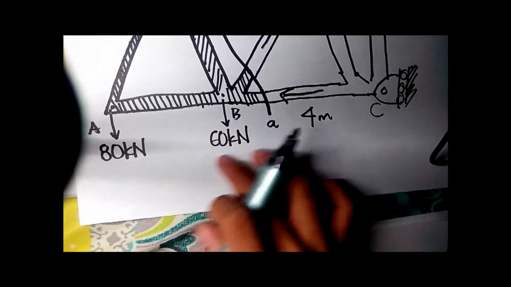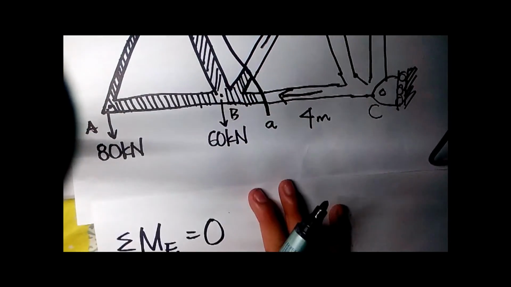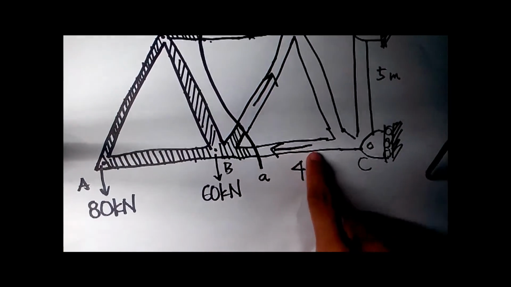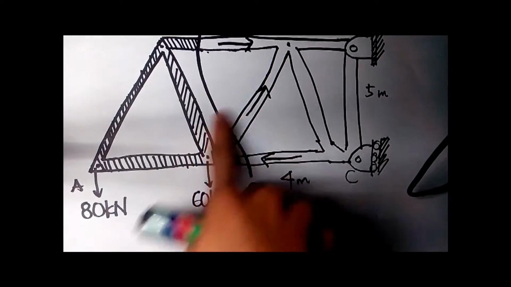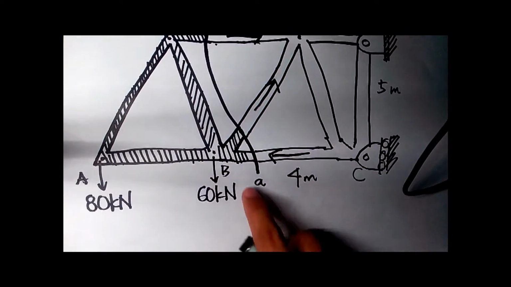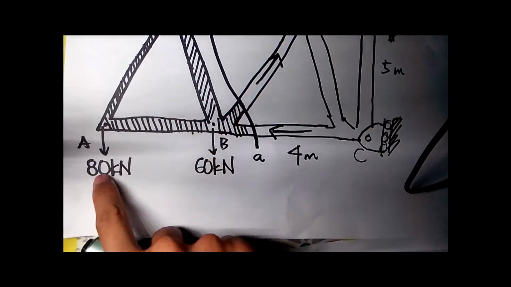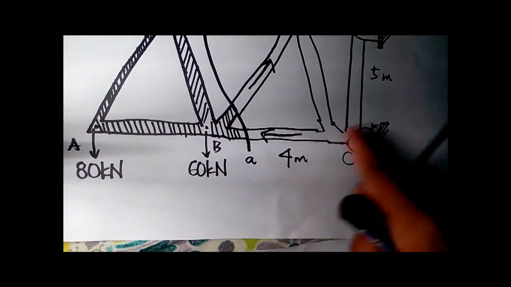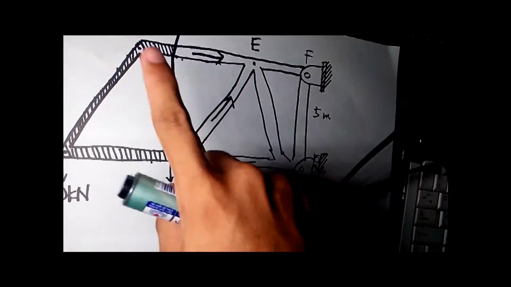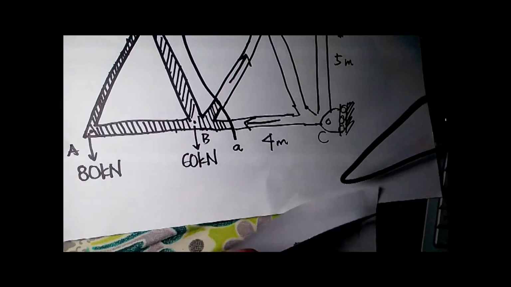Since 60 and 80 are pointing downward, and since BC is clockwise, it is positive. 80 and 60 are counterclockwise from point E. They are counterclockwise, so they are subtracted.